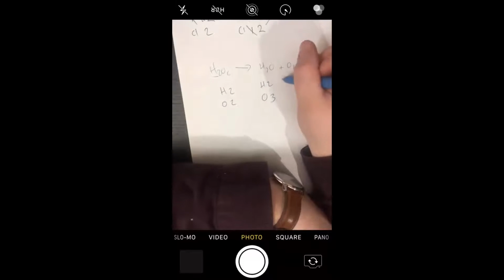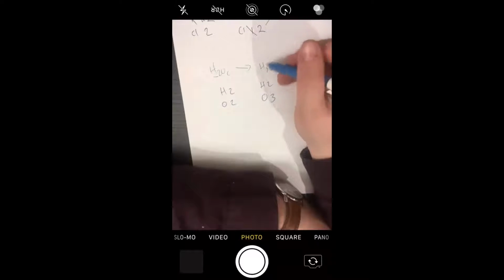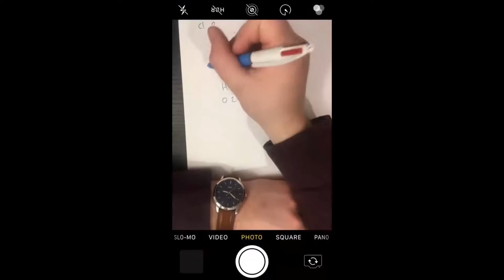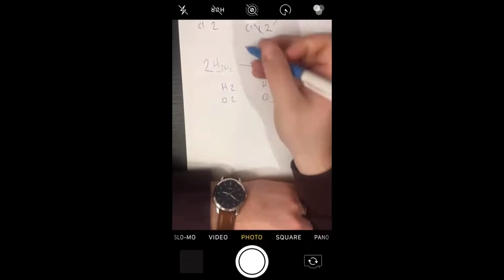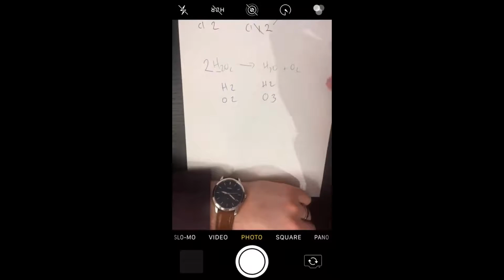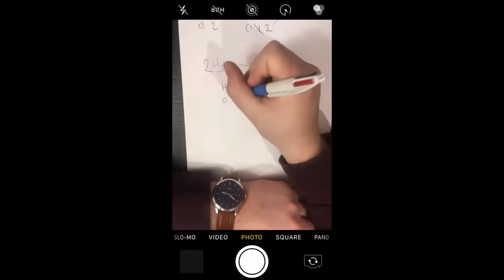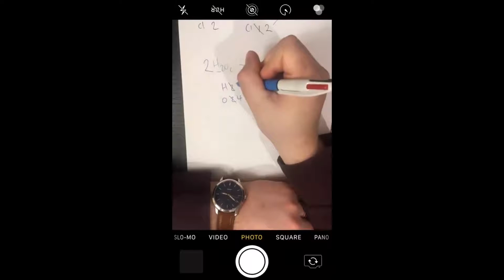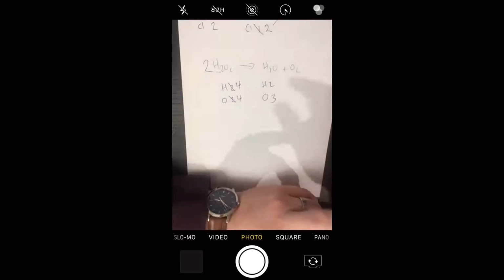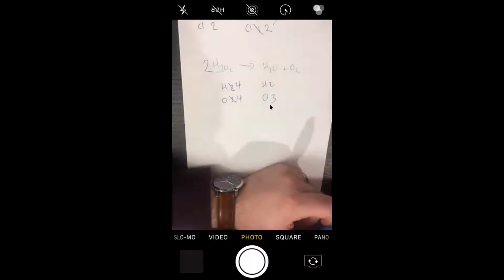Okay, there's too many oxygens on this side. So I need to balance this by adding more oxygens to this side. I can change this to 2. If I change that to 2, I've now got 4 oxygens on this side and 4 hydrogens on this side. Then you can ask, okay, how can I get around this problem?